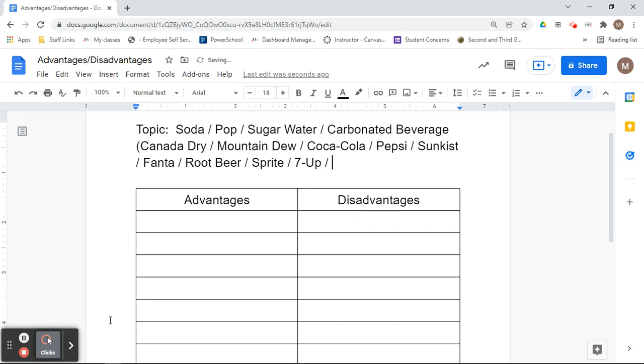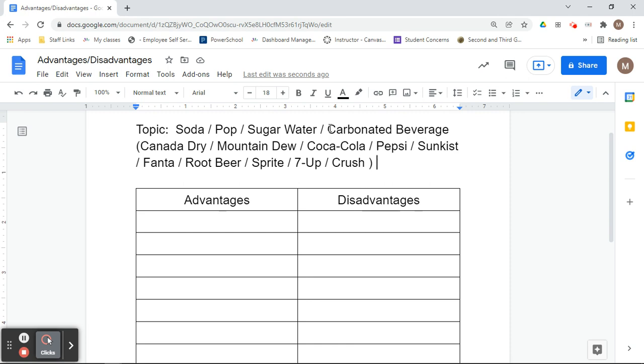These are the types of sodas that I'm talking about when I discuss the topic of soda. Don't forget about Crush, and even Diet Cokes, etc. Essentially, my discussion is soda pop, sugar water.